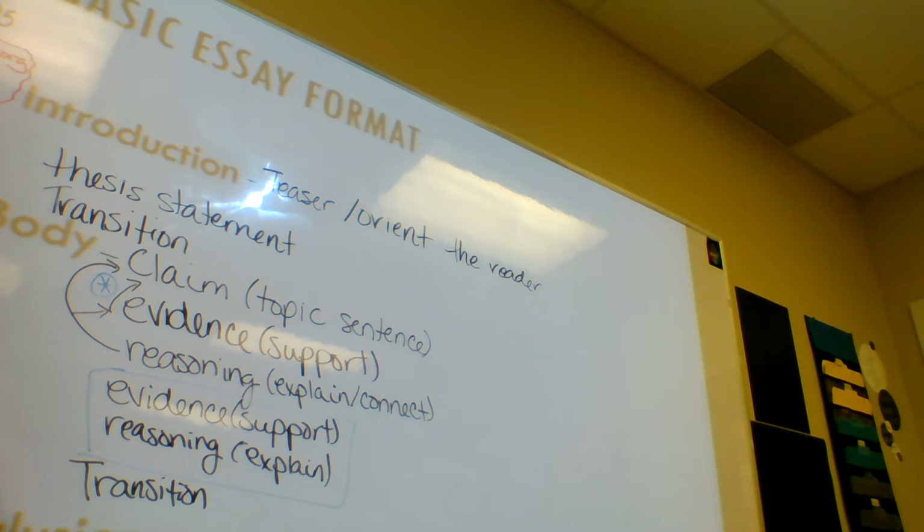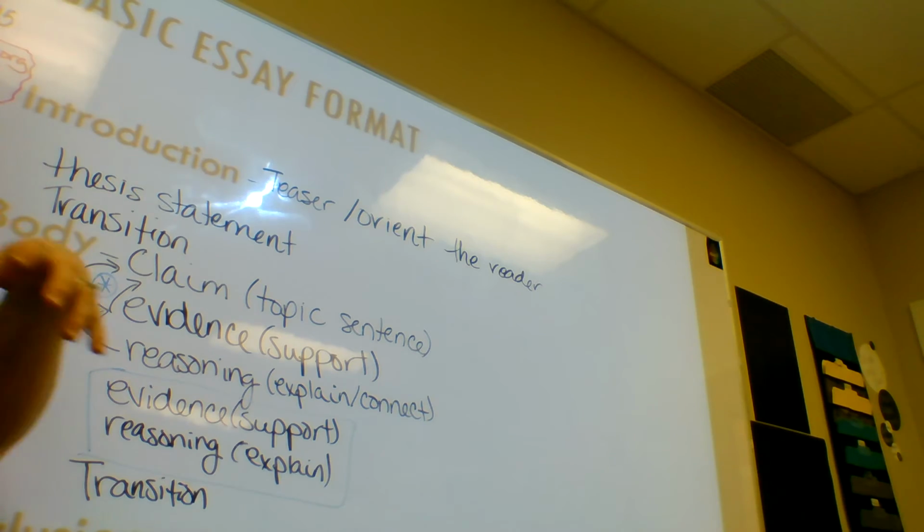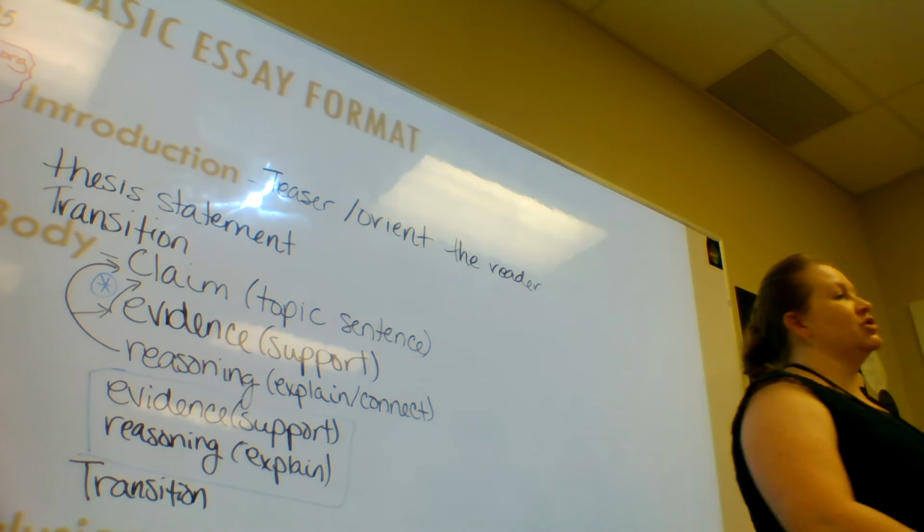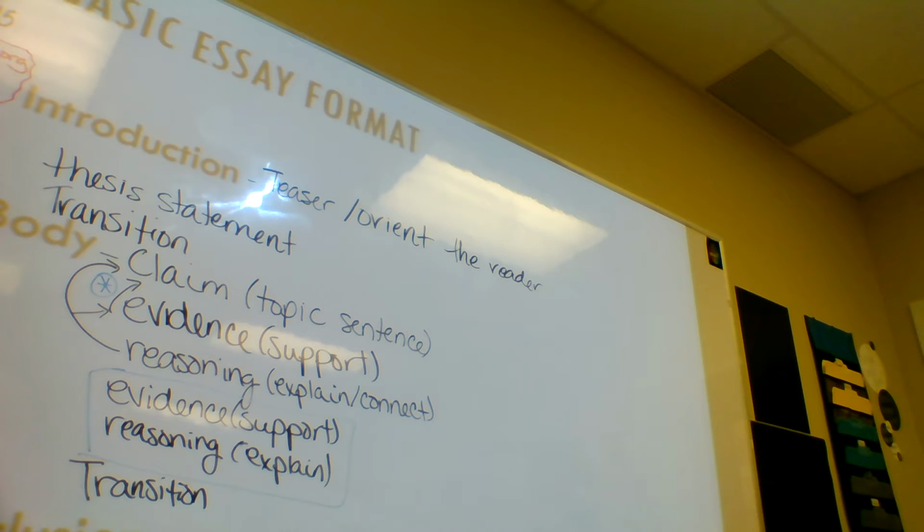So if we restate our thesis, we're going to take this statement and reword it. A quick and easy tip to restate it is to take the back end of your sentence and put it at the front and put the front end at the back, and then you automatically have to change some words.